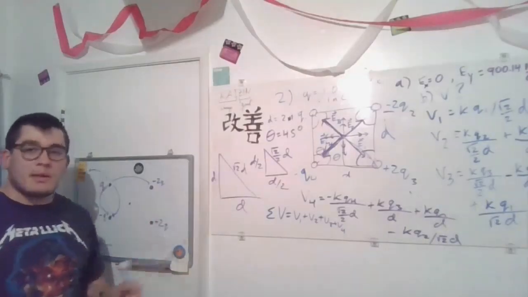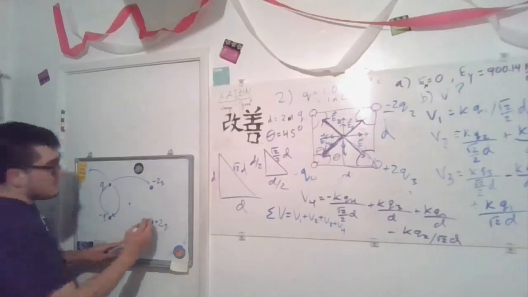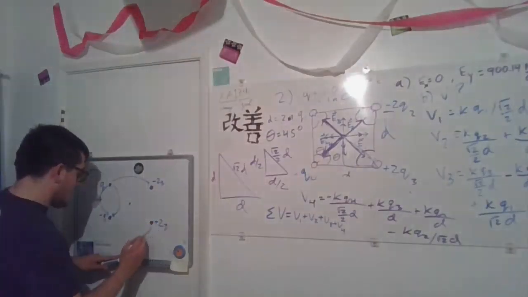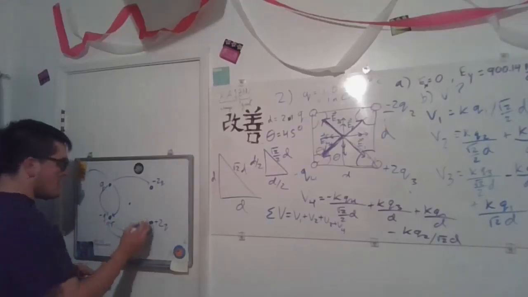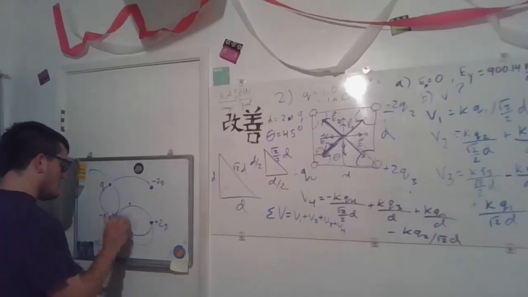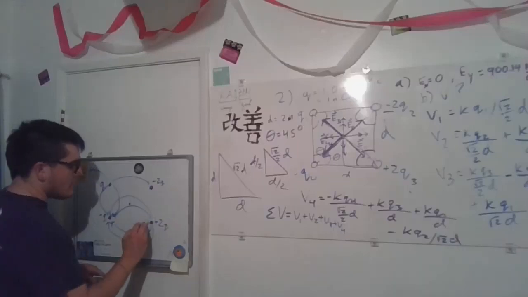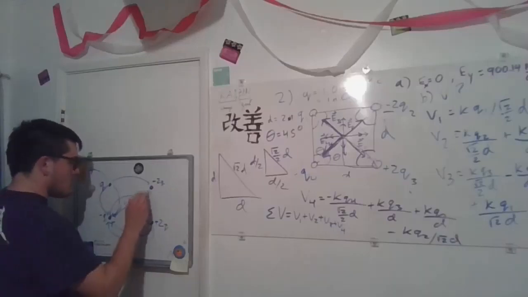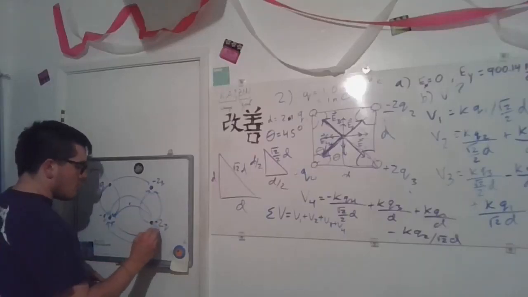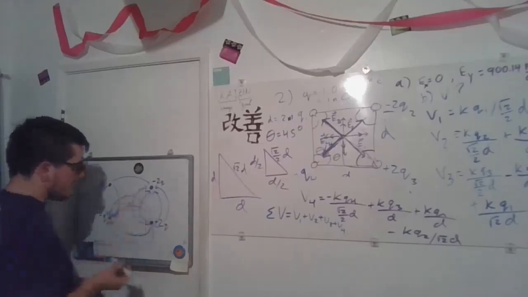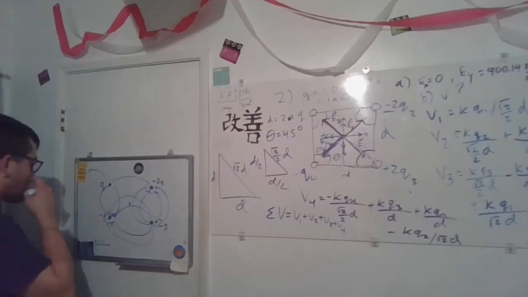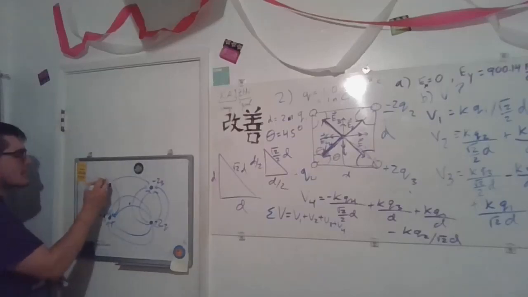So for 2Q right here, I'm going to draw 8 lines. Four. Seven. Eight. Okay. This one I think I can draw.